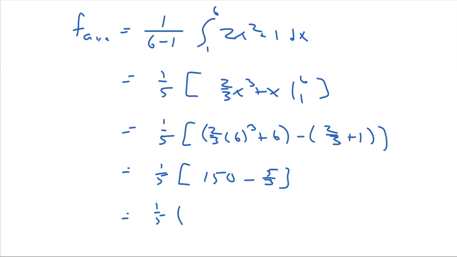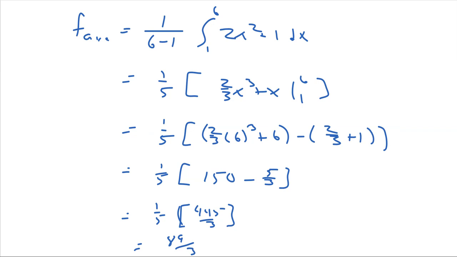So that's 1/5 times 445 over 3. And that would be 89 over 3. And there's our average value for the y-coordinates over that function.